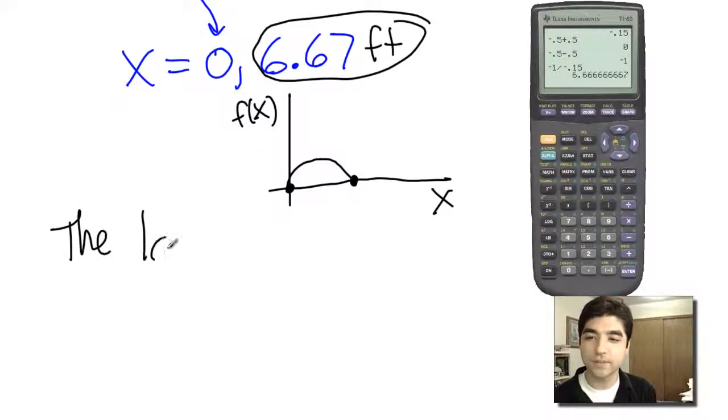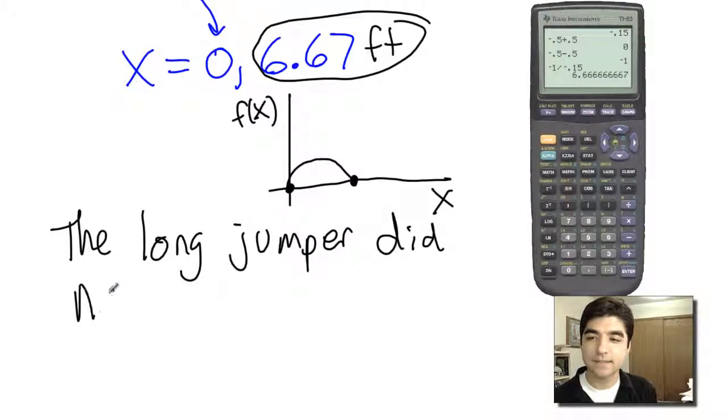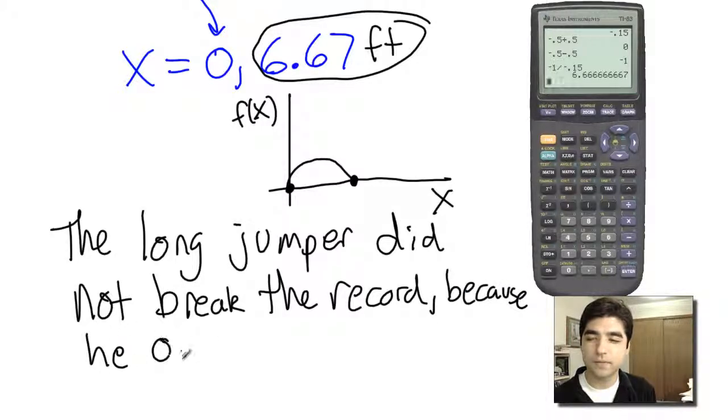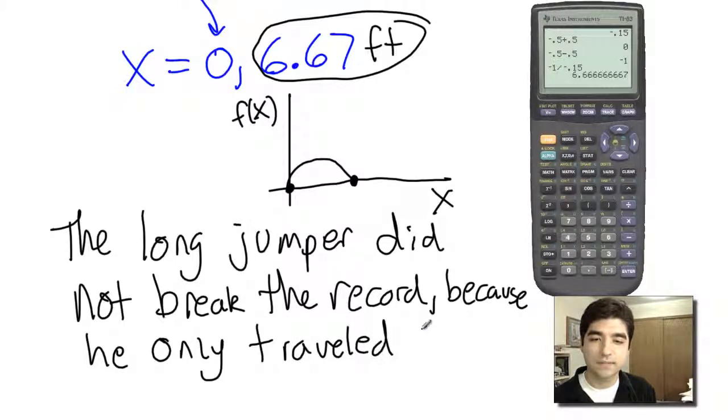So the long jumper did not break the record, comma, because he only traveled 6.67 feet.